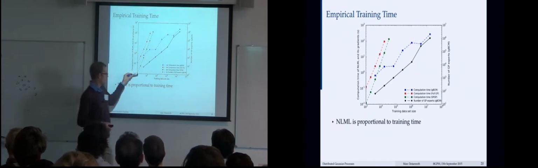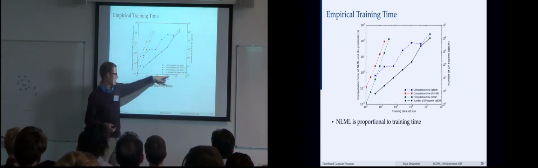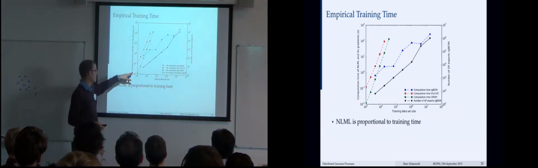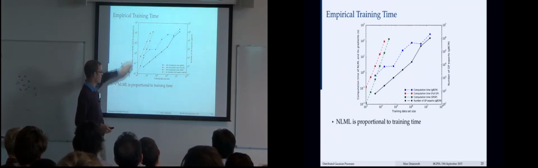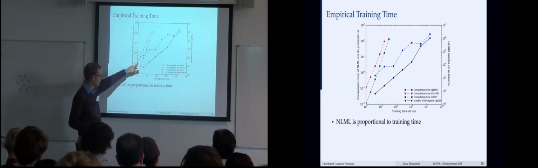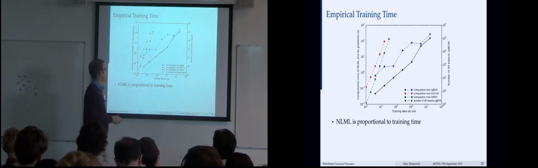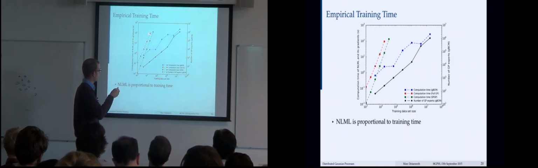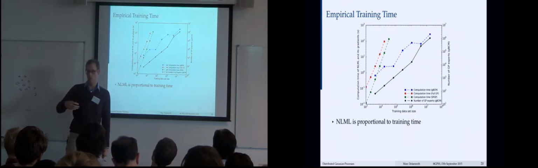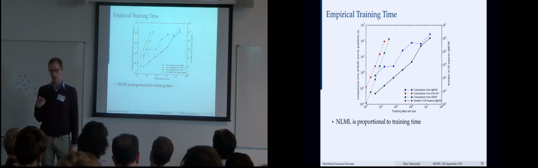So the training data set size is on the horizontal axis here, and the computation time of the marginal likelihood and its gradient is shown on the vertical axis on the left-hand side. So the full Gaussian process is in red, and so this is about, I think, 16,000 data points. It takes about 100 seconds to compute the marginal likelihood once and take the gradient.